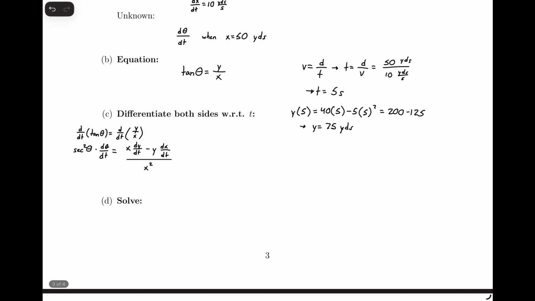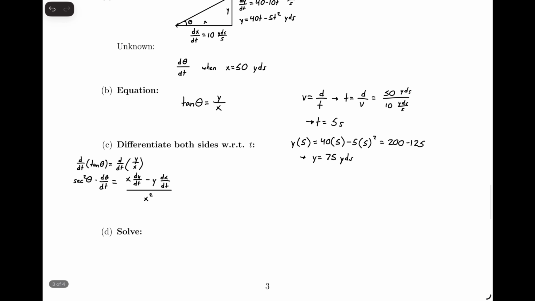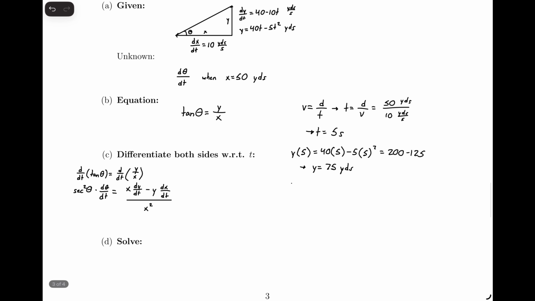Okay. We also have dy dt. We haven't actually evaluated that yet, but that's also pretty easy. I guess it's a little bit confusing writing it like that, so I'll just say dy dt is equal to 40 minus 10 times t. T is 5.